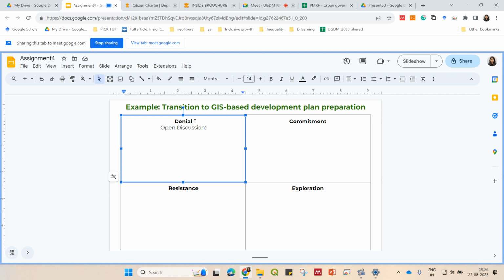You can ask them if they have alternatives. You can ensure that they know that this is something which is going to happen and what they can expect from this going forward. You can find out about how they feel towards the change. So these are some things that you can do in general at the denial stage. So in this particular stage, what you can do, can anyone articulate based on this?